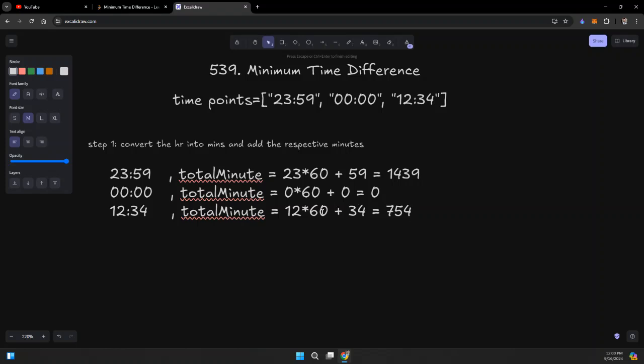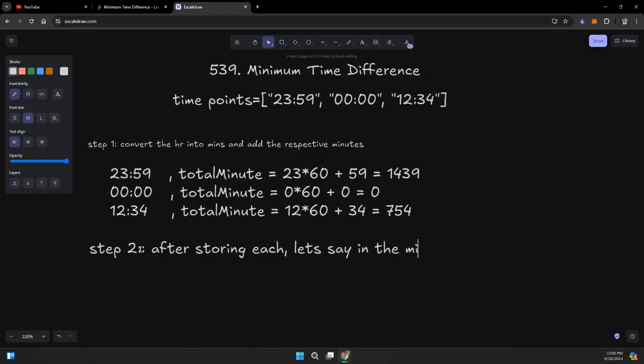Now what I said, we need to sort it after storing each in the minute array.